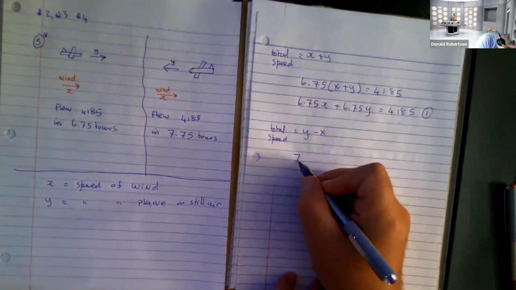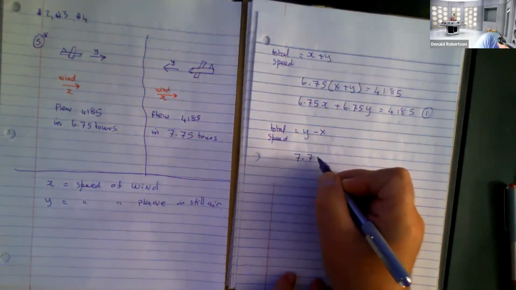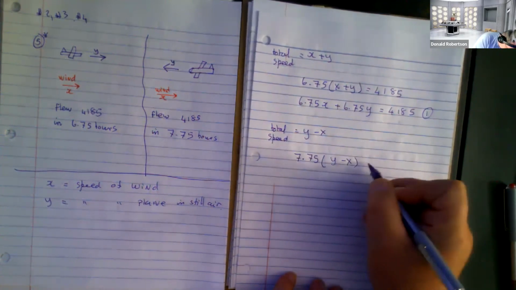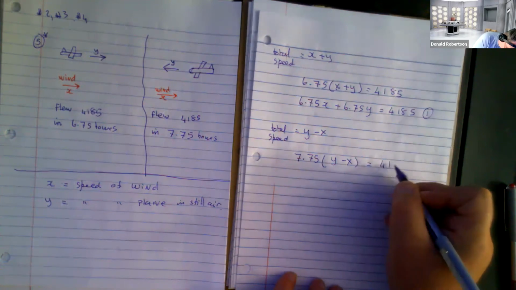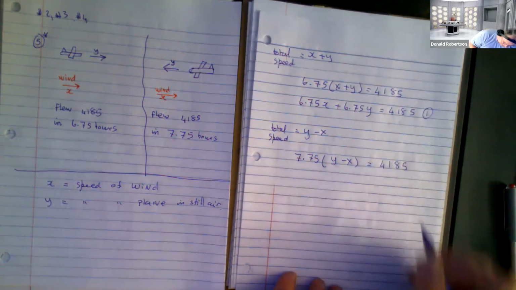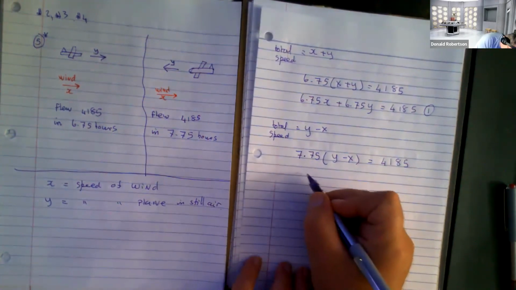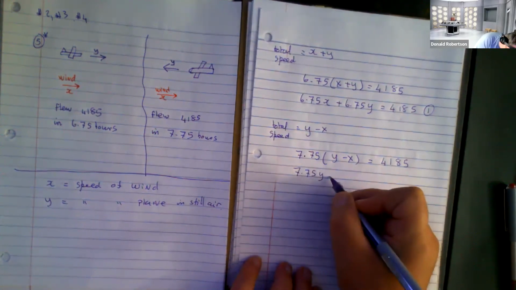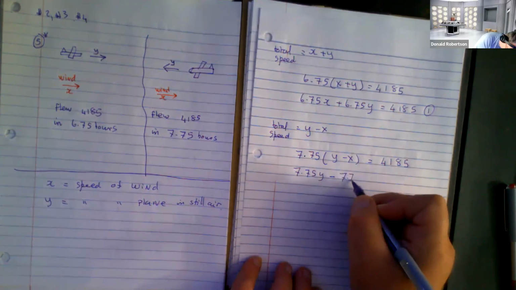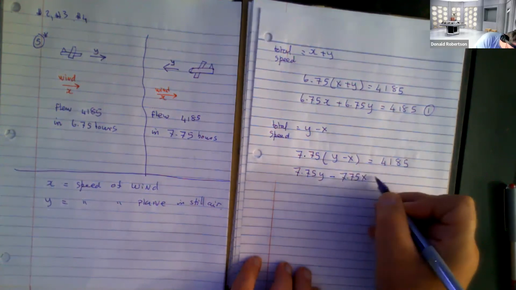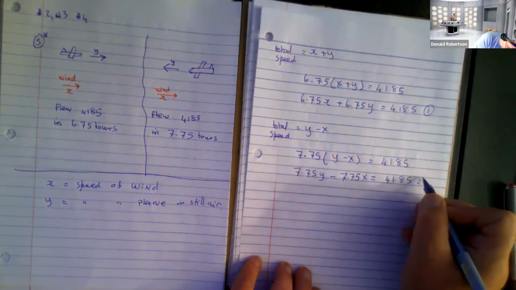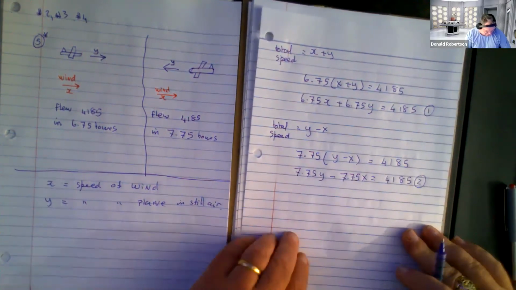So that tells me if you travel 7.75 hours at that speed, you'll cover 4,185 miles. I will then call that 7.75y take away 7.75x equals 4185. And there is my second equation.